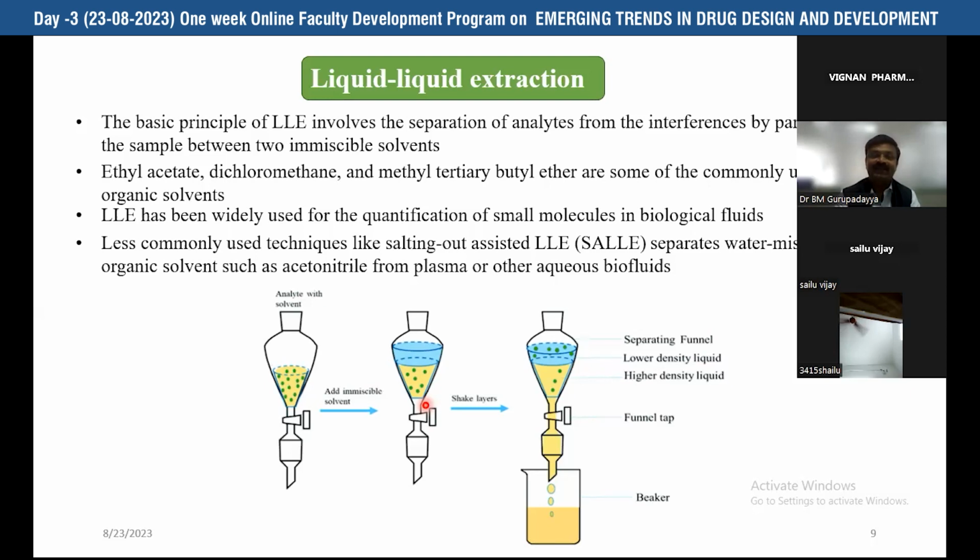Ultimately, this is the recovery of the sample from the biological tissues into the solvent. The condition is that the compound of interest must be soluble in the solvent taken for extraction, then the drug will be transferred and you can do the extraction accordingly.